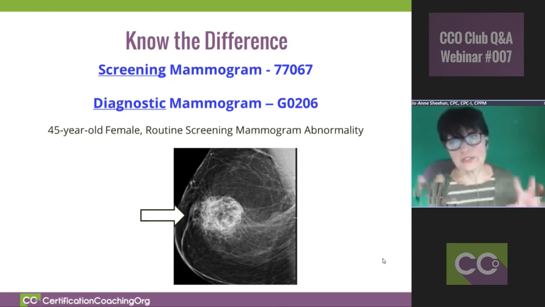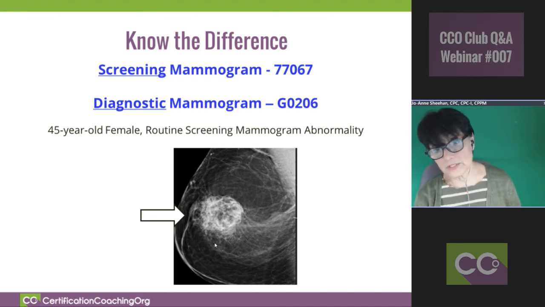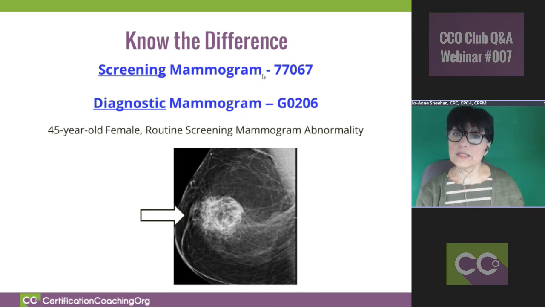And just so that you can have a visual, the screening mammography or mammogram is 77067, and diagnostic. Here is a picture of a 45-year-old female, and she went in for a routine screening of a mammogram, and there was an abnormality, I should say. And right here, you can see this nodule in the breast. And that is what was found. So once the screening is done, then you would go on and bill a diagnostic to get further information.